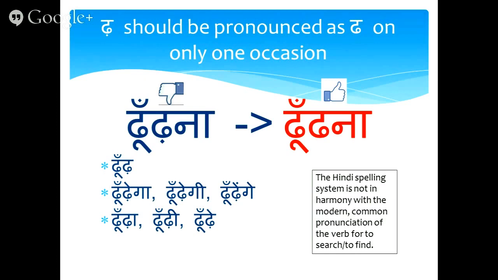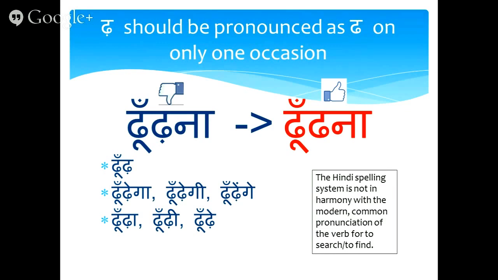Okay, and it's hard to get your mind around saying dhoodna. So this is pronounced dhoondhna, although most times it is spelled dhoodna. You can pronounce it as dhoondhna if you so choose, and I suggest that you do. The same goes with dhood. It's pronounced dhoond.